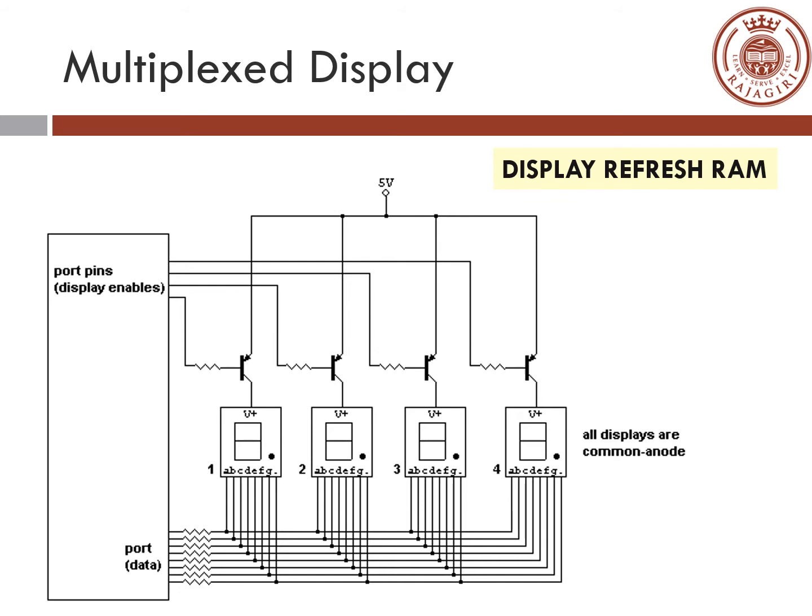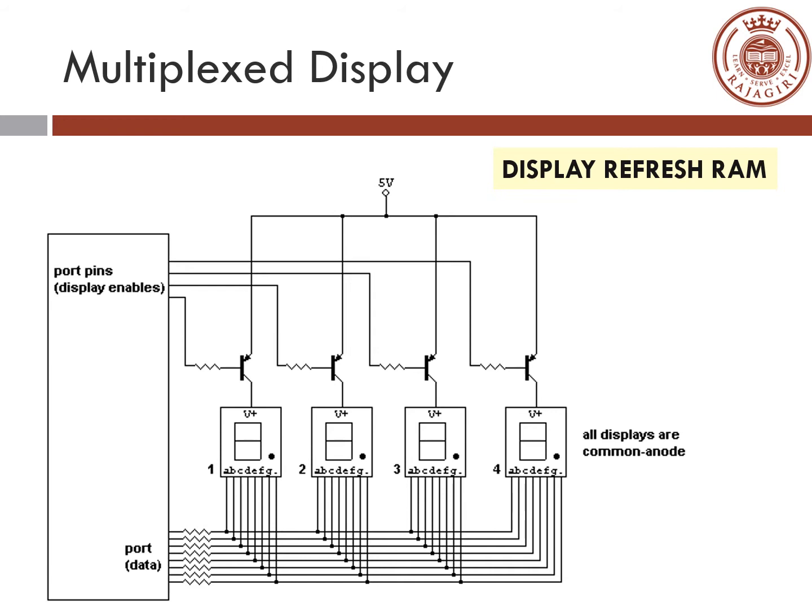The transistor is used so that it provides enough driving current for the LED segments if the IC is not able to support that much current. The individual segment pins A, B, C, D, E, F and G are connected to the other ports separately. At a time, only one LED display is turned on.